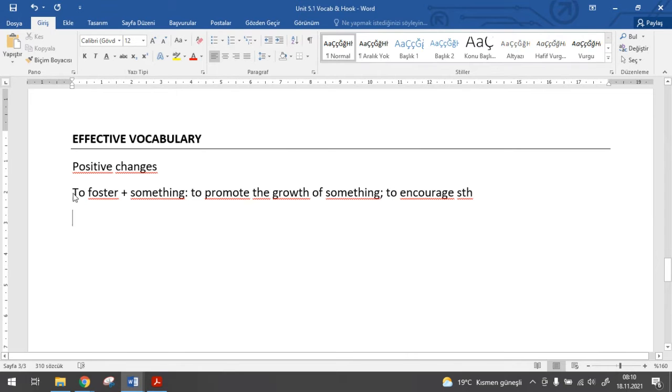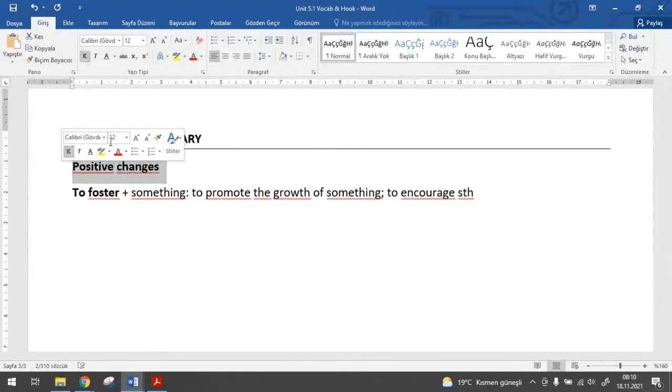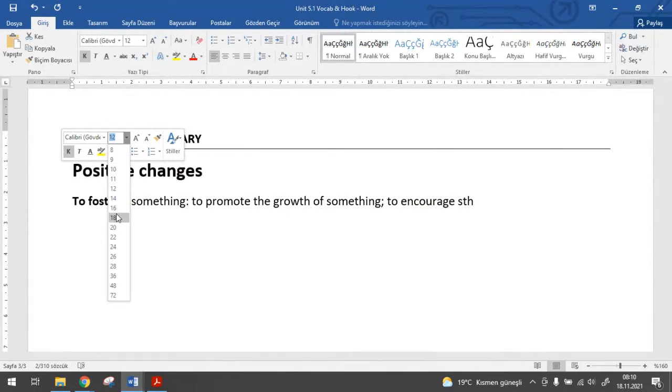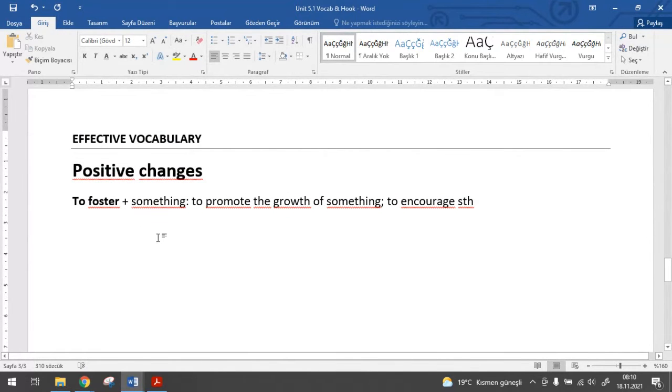Let's do an example, understand better. So we are looking at positive changes. If you think about uniforms, for example, okay, a school uniform. Now, a school uniform promotes the growth of what? A school uniform encourages what?